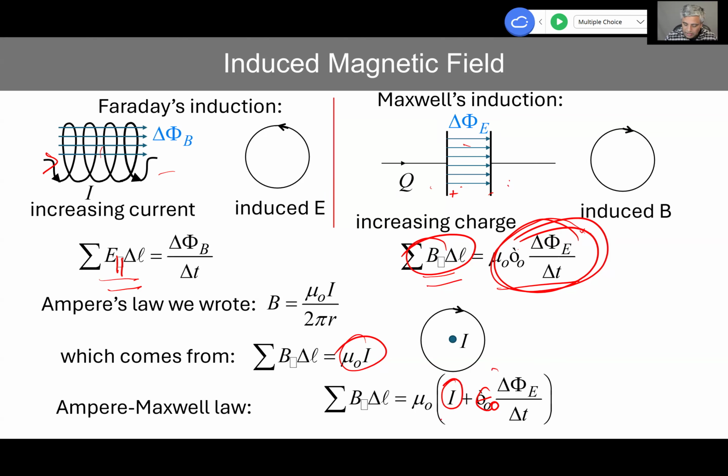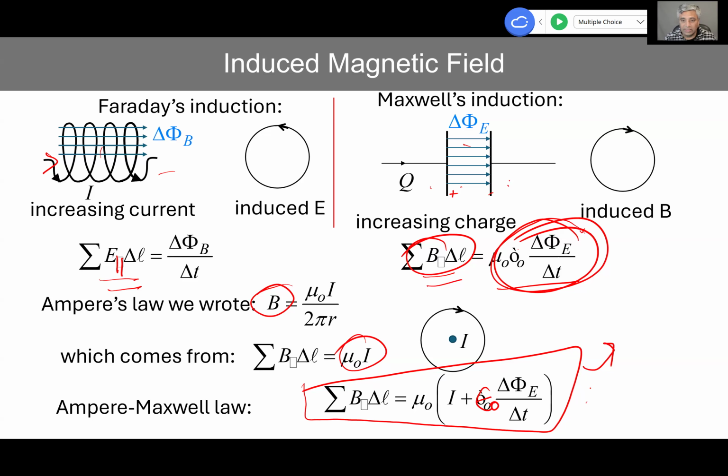So we have one current that can produce our good old magnetic field, and now we have another source, and this equation is called the Ampere-Maxwell equation. So Maxwell bundled this equation with the other ideas, and that forms the basic four equations, which we talked about here, not in one place, but in slightly different ways.